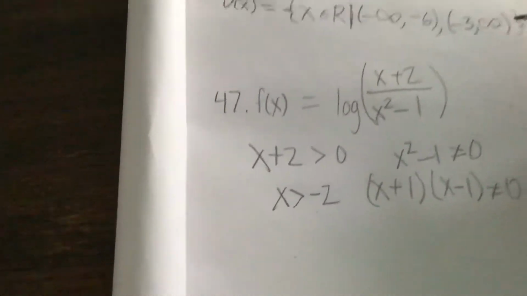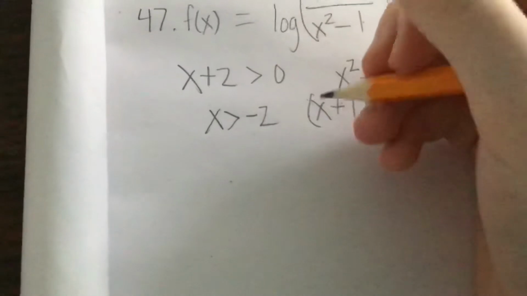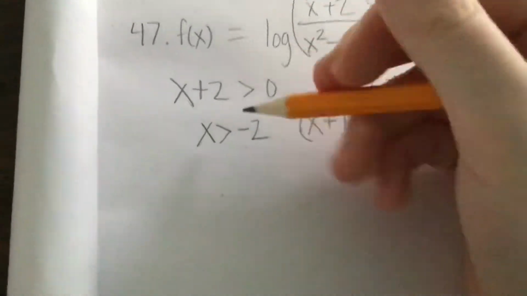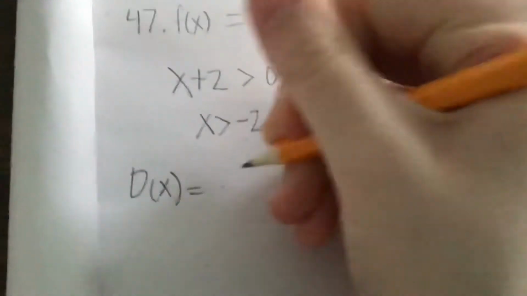Then, let me think. Okay, so next, you put this in as part of the interval. It's the first part of the interval. So I'll start writing up the notation.